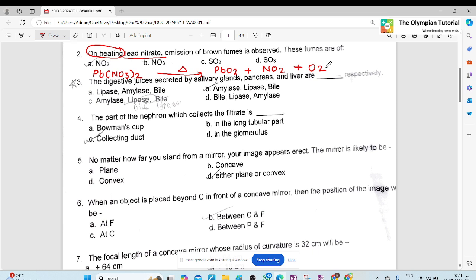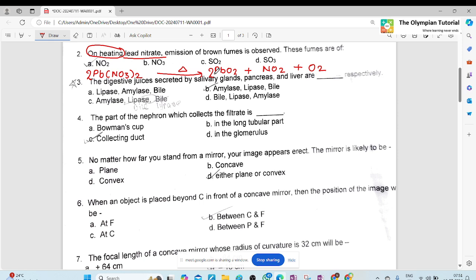Can anyone balance this equation? Ma'am, can I? Yes, sure. Ma'am, is there a 2 on the Pb also? 2 Pb(NO3)2 will become 2 PbO. Yes, ma'am.